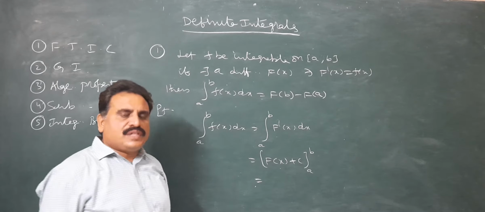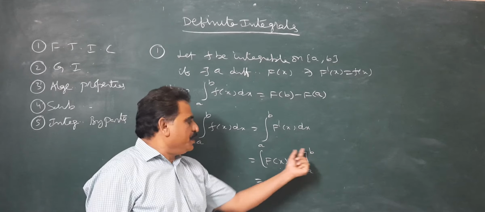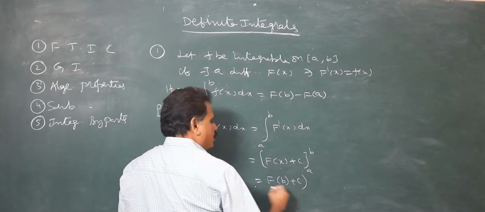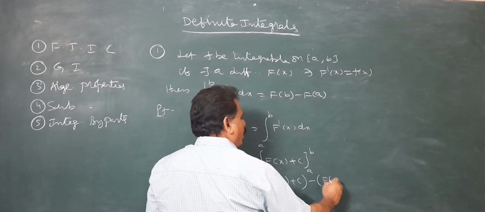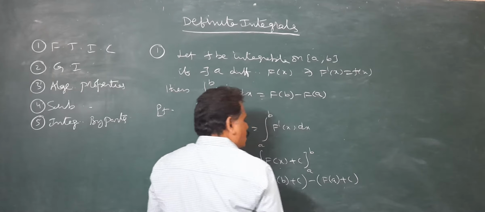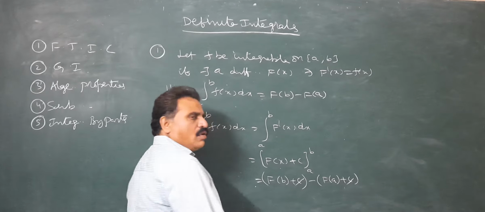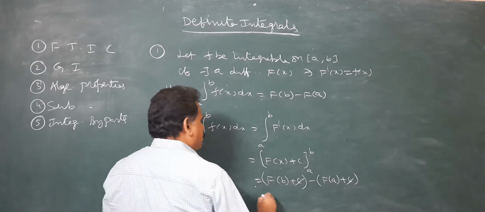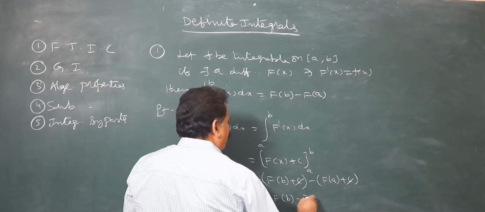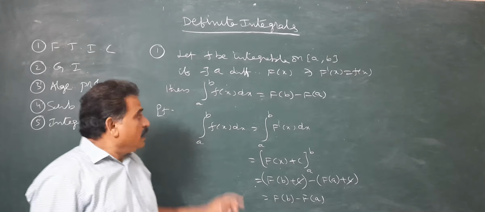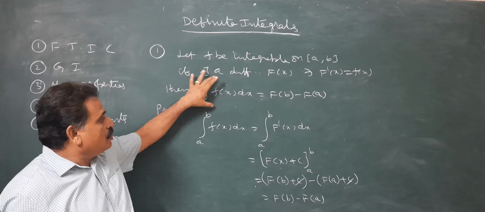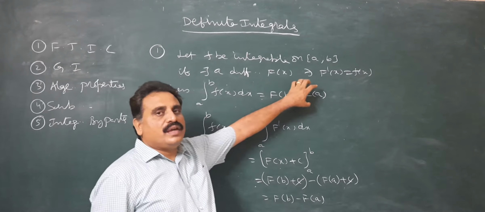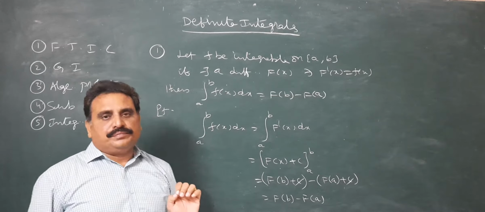Here you just have to substitute the upper limit and lower limit in this function. That means F of b plus c minus F of a plus c. So here c cancels, the same constant is carried in both. We get F of b minus F of a. So the integral a to b f of x dx is a unique value, F of b minus F of a.